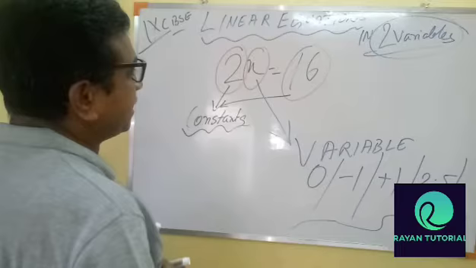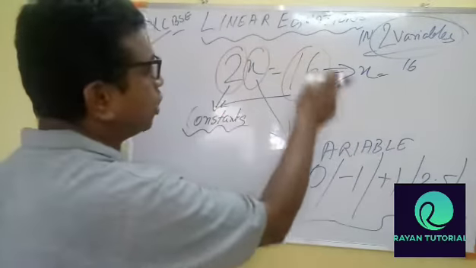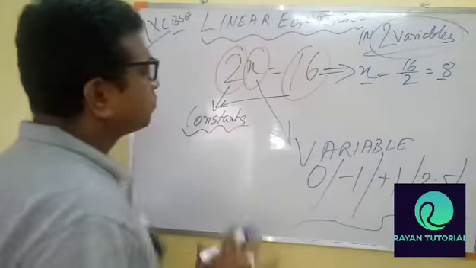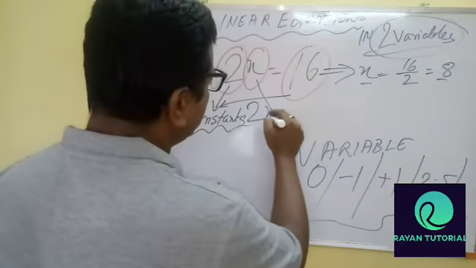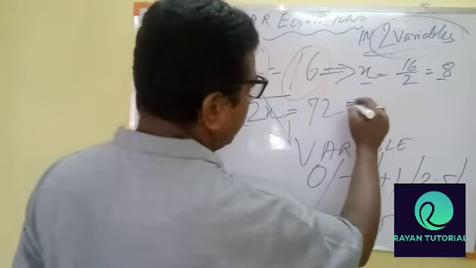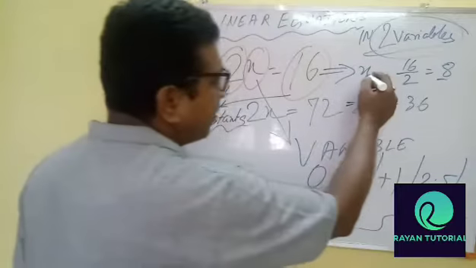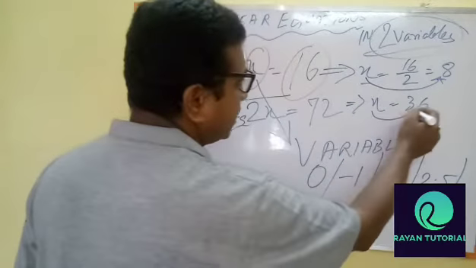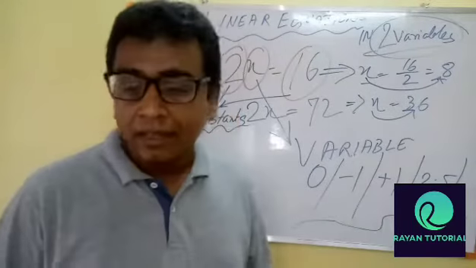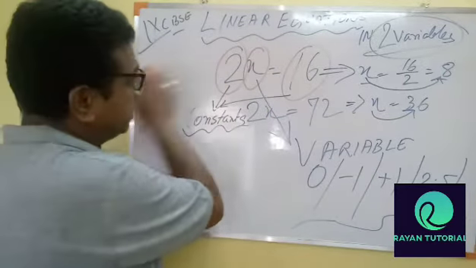From here I can say that 2x equals 16. This 2 comes to this side and becomes divided, so x becomes 8. But suppose 2x equals 72, then x will come as 36. That means the value of x is coming 8, then 36. So the values are changing. The values are variables. That's why they are called variables.